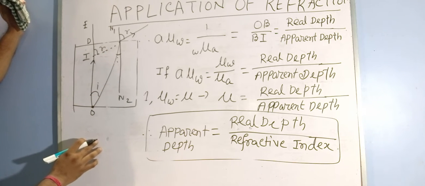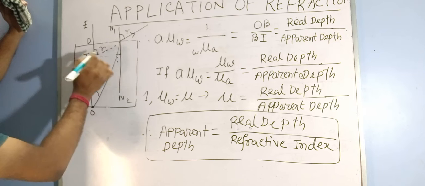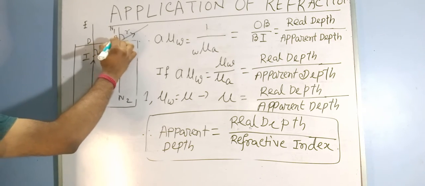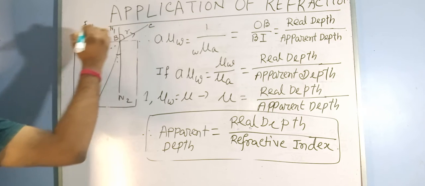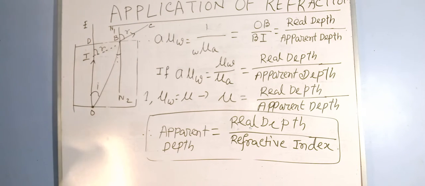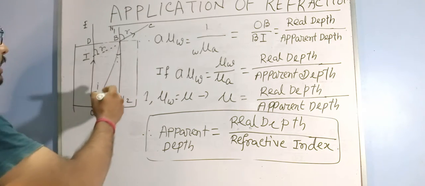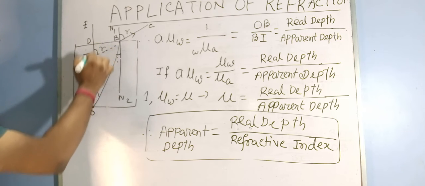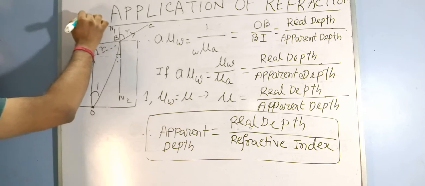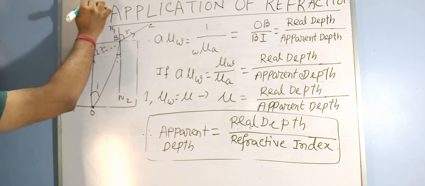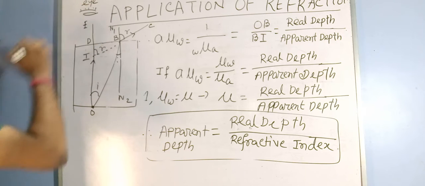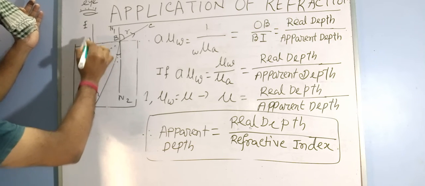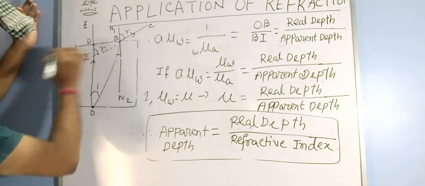Then what is the real depth? The real depth is now OB, and BI is the apparent depth. OB is real depth, and actually the real depth is OD. But as the size of the pupil of our eye is very small, the ray will only be visible when D and B are very close.